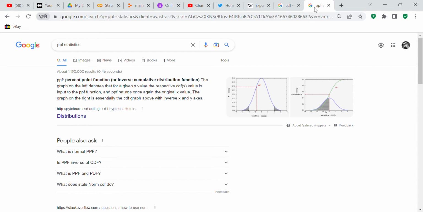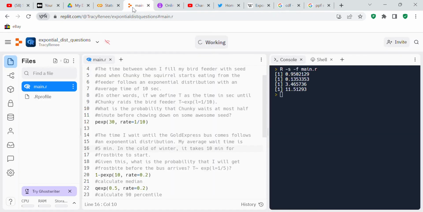The graph on the right is essentially the CDF graph above with the inverse. So that's what the PPF is, and we're going to be using these in our code, and that's why I wanted to discuss it.